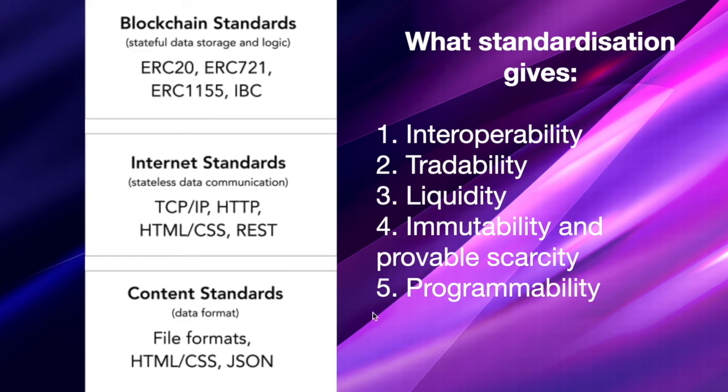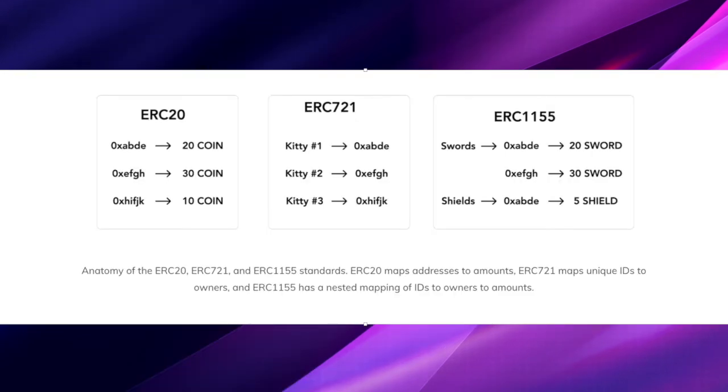Standardization gives lots of opportunities, and this is the technical background that helps this area to grow in future. So the standards themselves are based on the Ethereum blockchain. As you know, and should have known already, ERC20 is the most popular standard for the tokens you might have in your wallets.